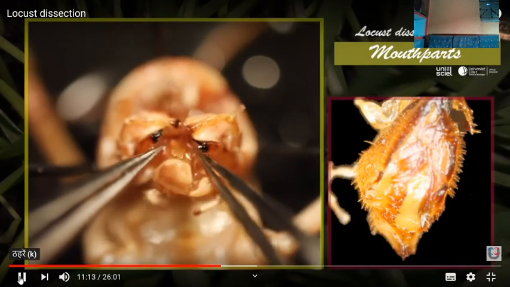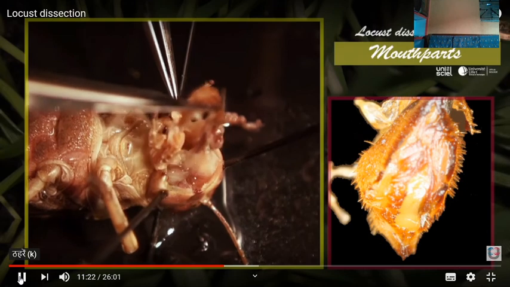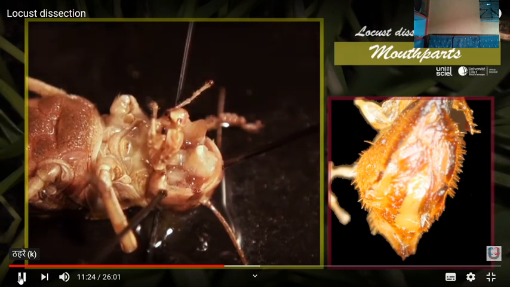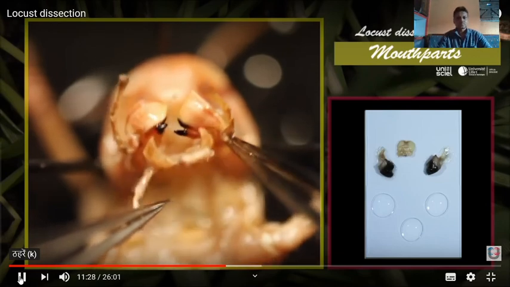In the middle of the mouthparts, one finds a tongue-like structure fitted with spines, the hypopharynx. Then, take out the maxillae by pinching at their base.